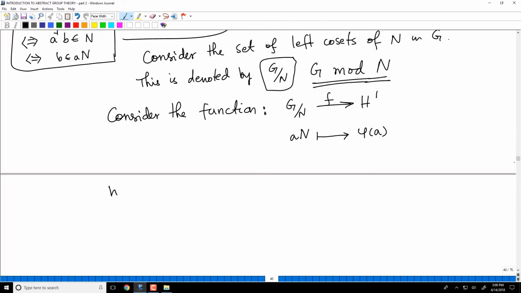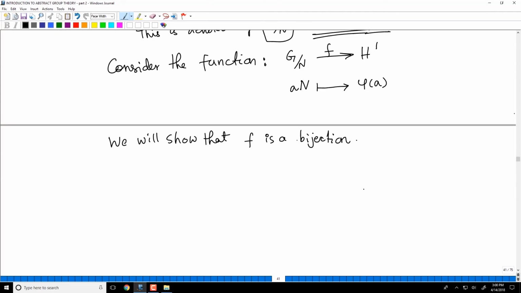I claim that f is a bijection. What does this mean? First we want to show f is onto. In order to be onto, a function has to have a pre-image for every element in H prime.